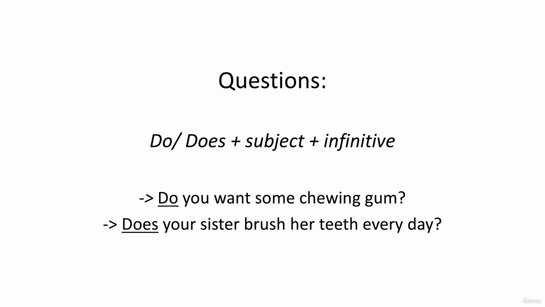To form questions, we also use the auxiliary verb do, but at the beginning of a sentence. We switch the subject with the auxiliary verb. For example, do you want some chewing gum? Does your sister brush her teeth every day?